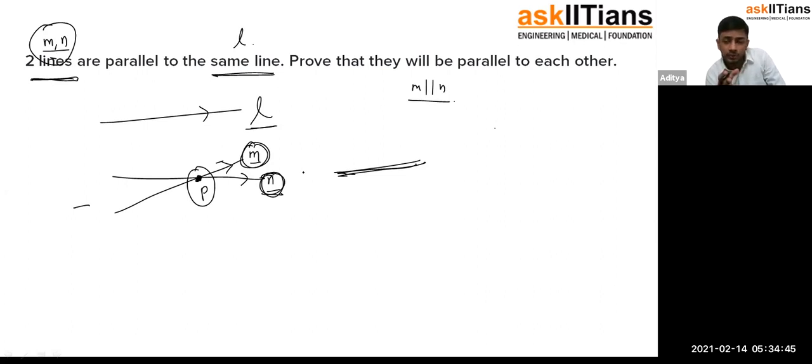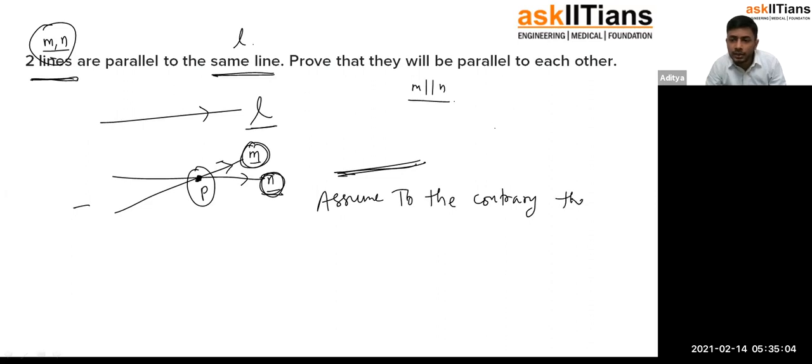that arose out of this discussion. And hence, since there is a contradiction, our initial assumption must have been false. What was our initial assumption? So let us write this down. To the contrary, assume that M and N are not parallel. So if they are not parallel, they will have to meet somewhere, which means they are intersecting lines.